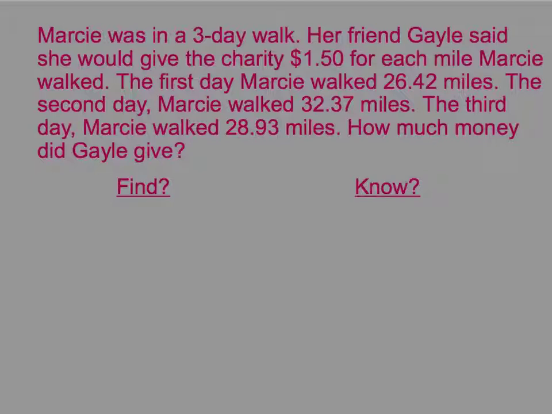So we know that each day she walked a different length. And so we know each of these lengths. The first day she walked 26.42 miles. We know that. We know that the second day she walked 32.37 miles.